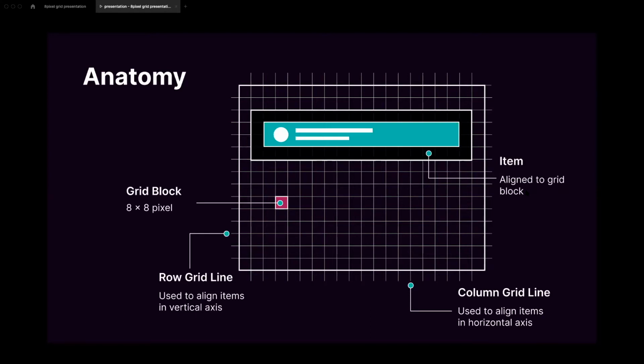A pixel grid is a good way to maintain consistency and align different UI elements, and it keeps you from getting lost in pixels while making alignments, resulting in faster design decisions. For example, if you are working with a developer, this will make both your work easier, especially as the product and UI grow.